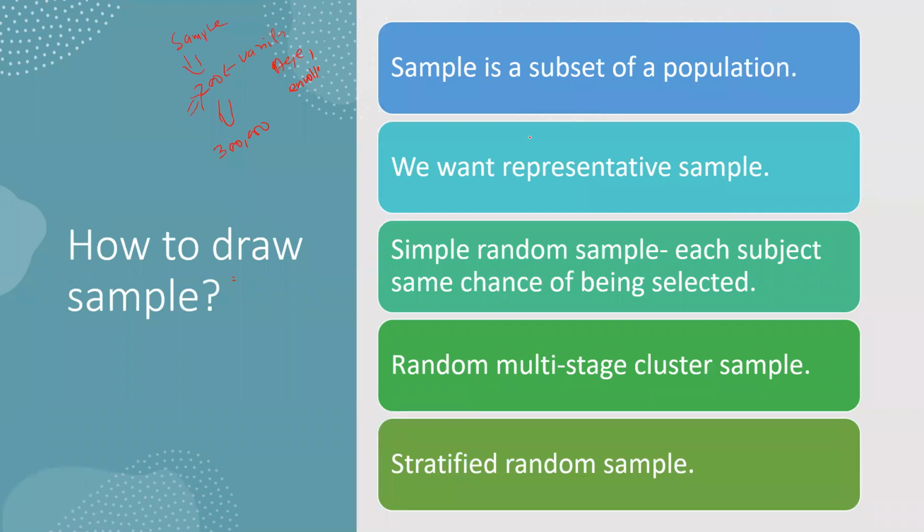So a sample, as we said, is a subset of our population, right? So we want a representative sample. Representative sample means the sample that covers all factors like age, enrollment, birth date, his hobby, all factors.